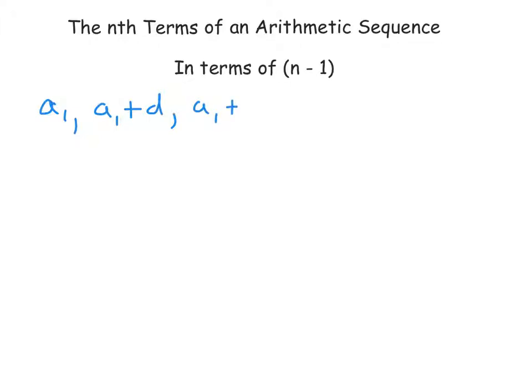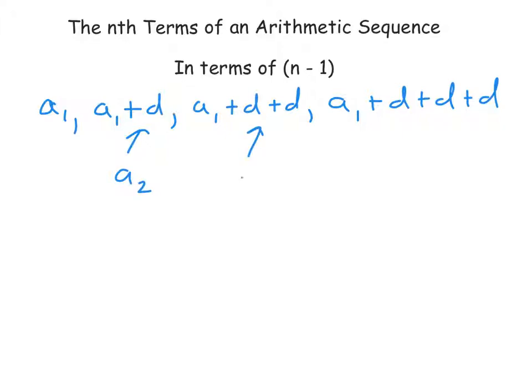To get the third term, we would add d not once, but twice. And if we wanted the fourth term, we would add d yet again. So just as a reminder here, this is a sub 2. There's a sub 3. There's a sub 4.